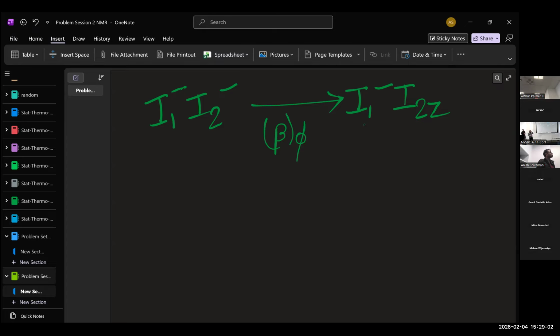But remember, for a pulse with phase phi, you can imagine that first you do the Z rotation to make it into an X pulse, and then do the X pulse and then undo the Z rotation. Well, that's one way of decomposing the problem.